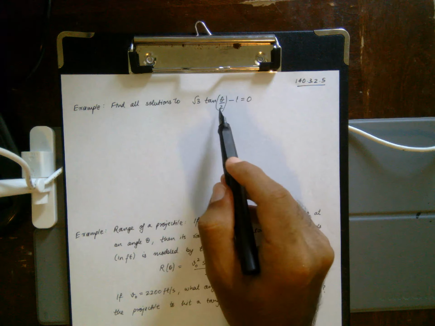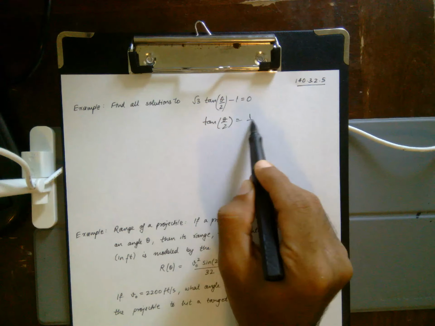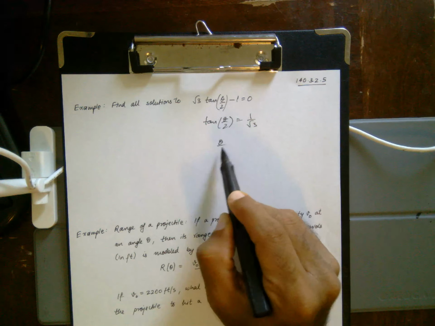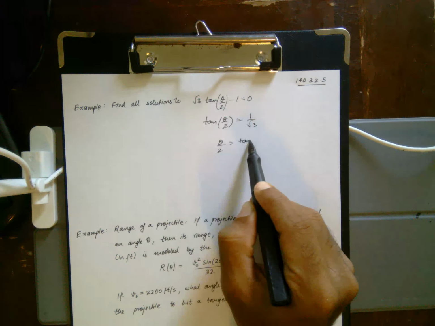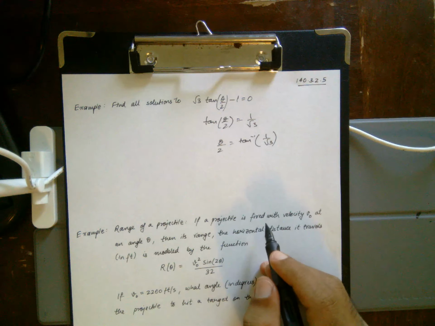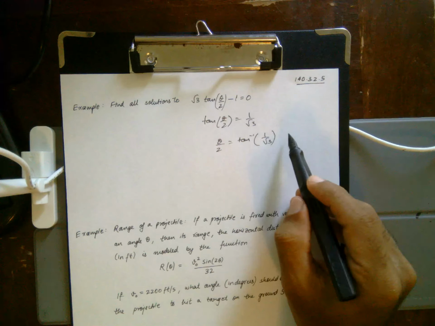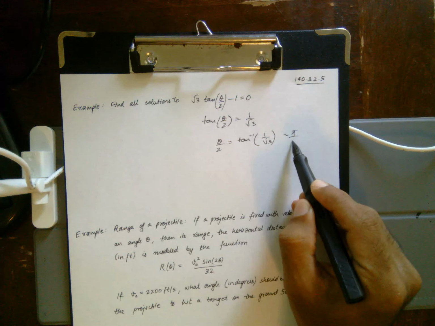Similarly, you can have half angle situations where also you're going to use the same tactic. So theta over 2 is going to be tan inverse of 1 over root 3, which I believe is pi over 3.